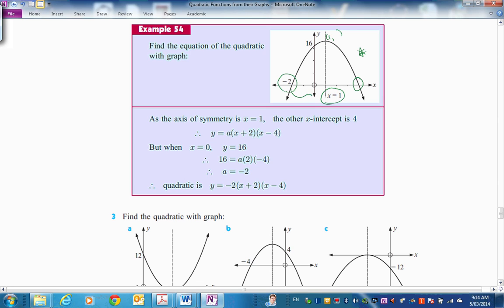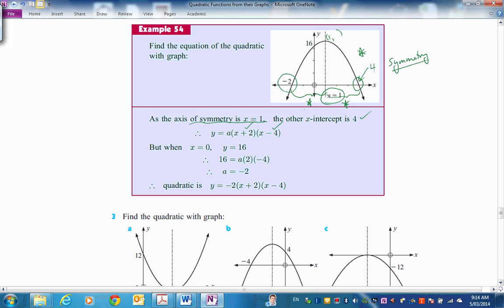Has to be the same distance the other side. So that's 3. This has to be 3. So the other x-intercept is 4. So we can go back using the axis of symmetry and get both of the x-intercepts by symmetry here. Just remembering, the x-intercepts are the same distance each side of that axis.